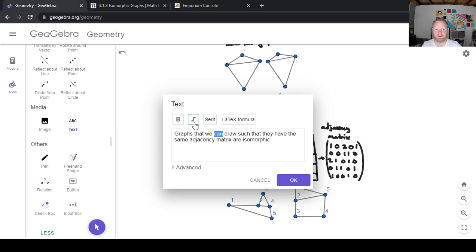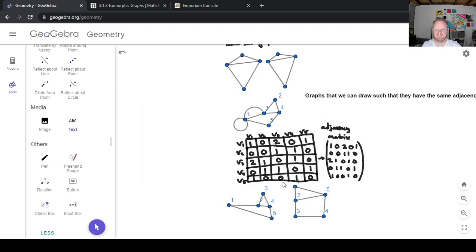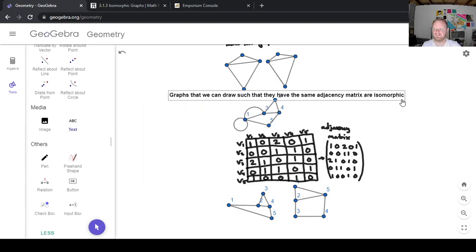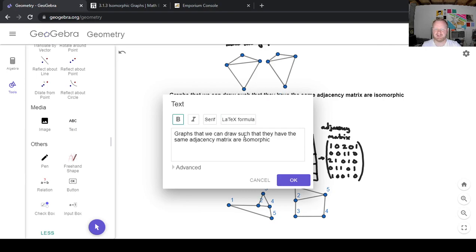And again, just like before, this "can" here is an important aspect of it.